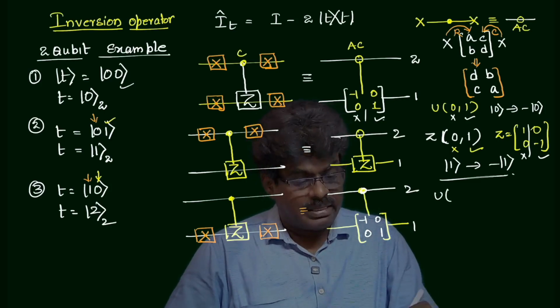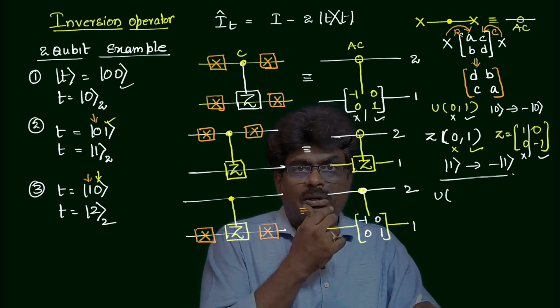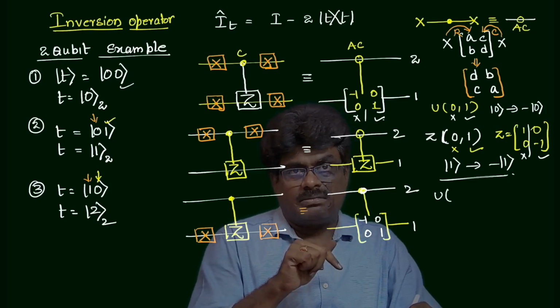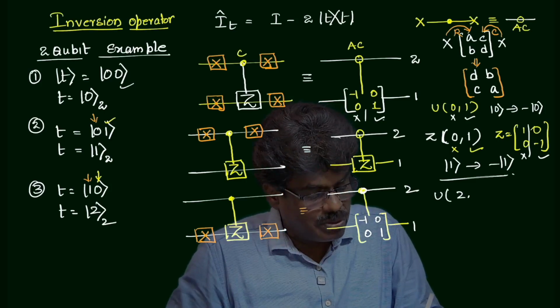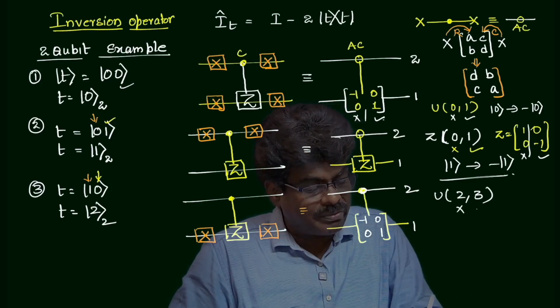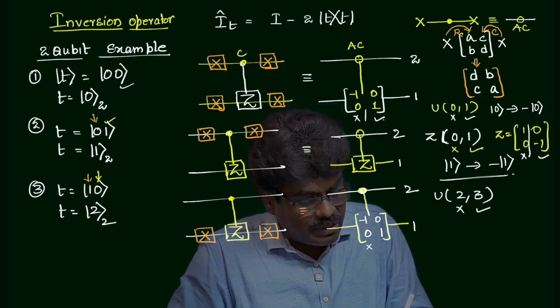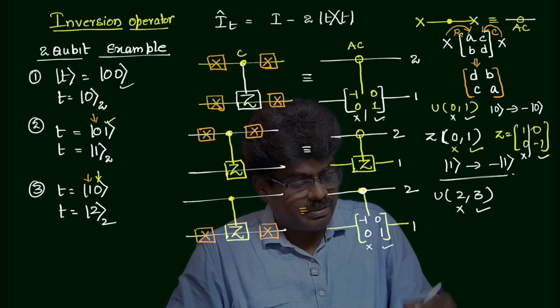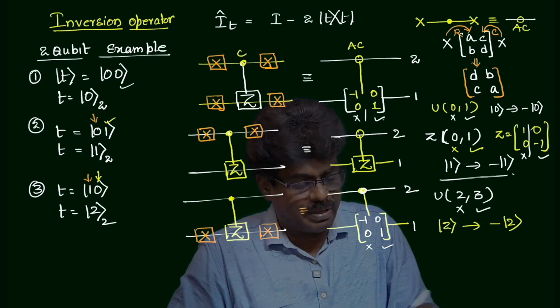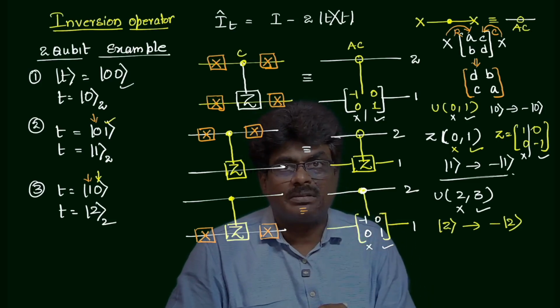It's a control, so control gate. Then C comma C plus T, I hope you know that. So 2 comma 2 plus 1, which is nothing but 3. So this is off and on. First column is off, second column is on. That's why 2 becomes minus 2, because of this first column we have minus 1.